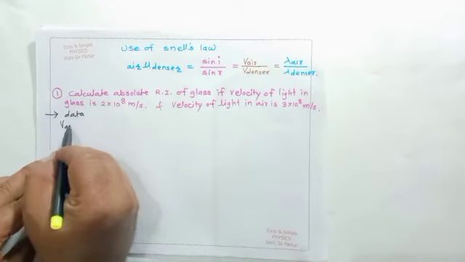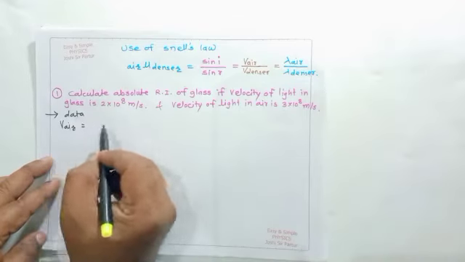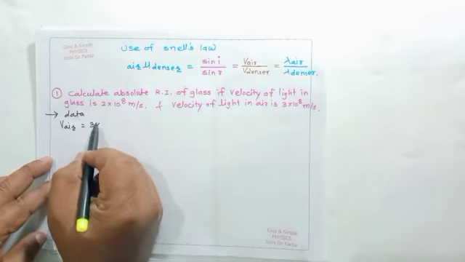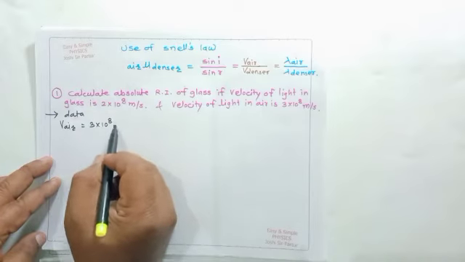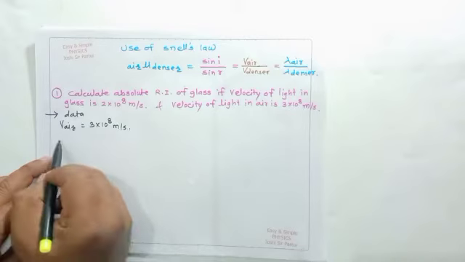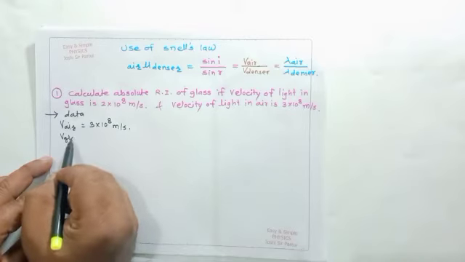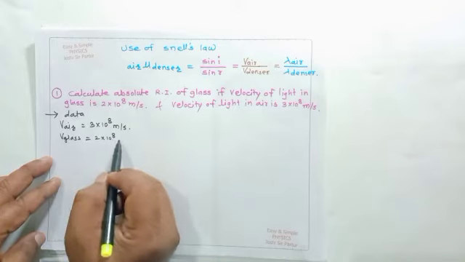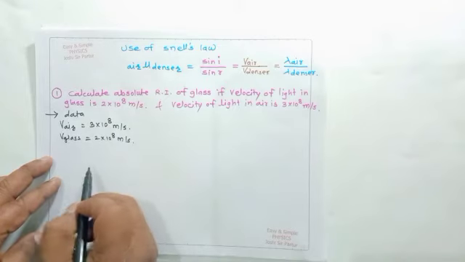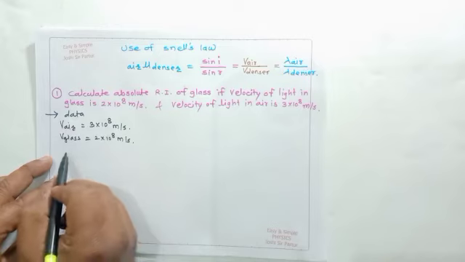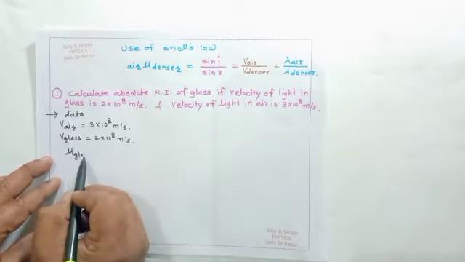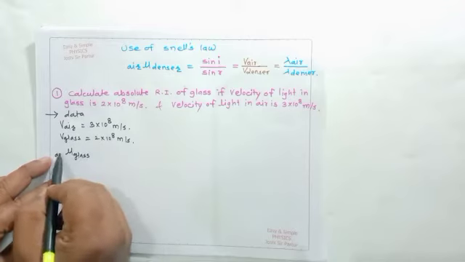Velocity of light in air, that is 3 into 10 to the power 8 meter per second. Velocity of light in glass is 2 into 10 to the power 8 meter per second. And we want to find absolute refractive index mu for glass with respect to air.